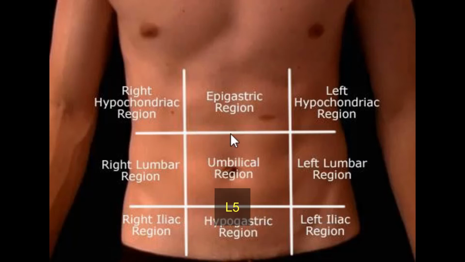So up here you'd expect L3, down here L5, and at L5 is where we have the origin of the IVC. The inferior vena cava starts here when the two common iliac veins join, at L5 or the transtubercular plane. So if they ask you for the important thing at the transtubercular plane, it's the origin of the IVC, where the two common iliac veins join.